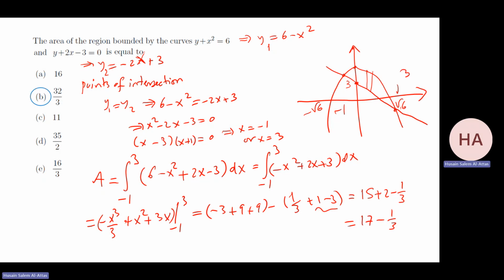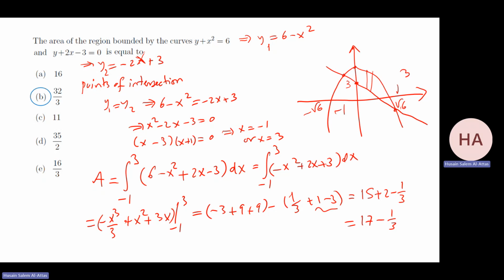Did I make a mistake somewhere? The integrand minus x squared plus 2x plus 3 is correct, from minus 1 to 3. Let me check the calculation. Minus x cubed over 3 plus x squared plus 3x.